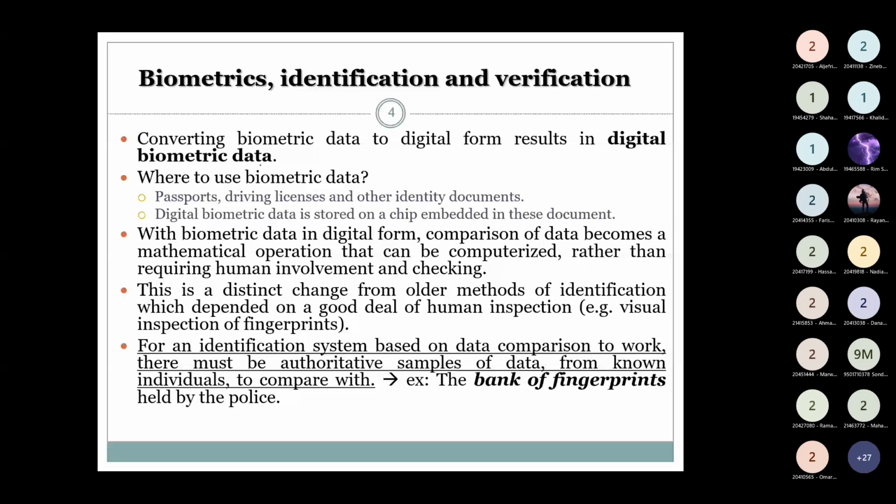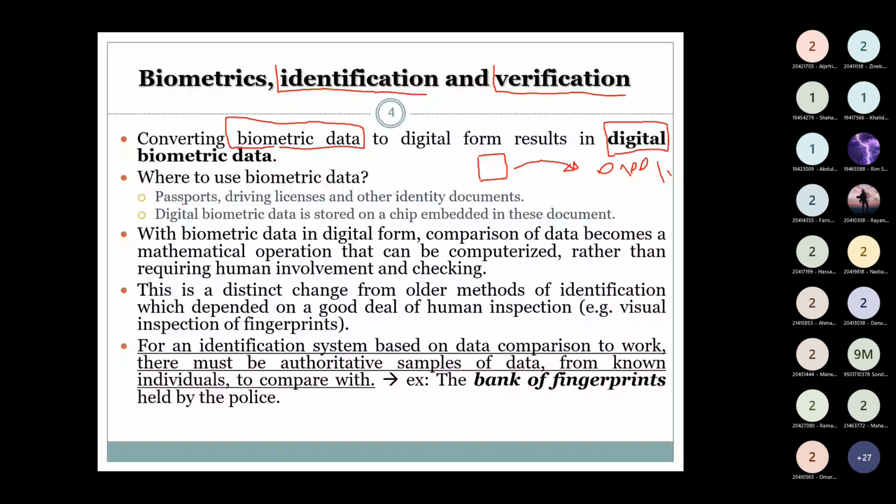So where do we use biometric data now? It can be used in passports, driving licenses, and other identity documents. The digital biometric data is stored on a chip embedded in these documents. You can see that on some part of your driving license or identity card, you have a very small chip embedded.